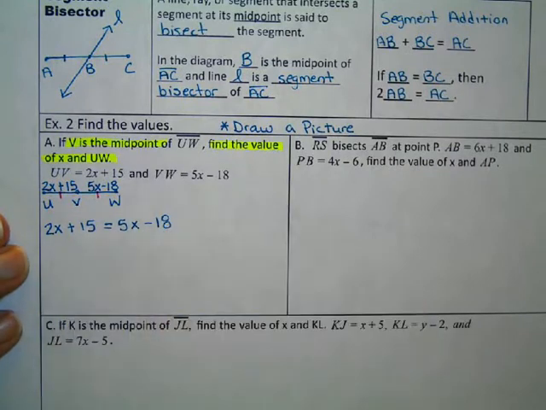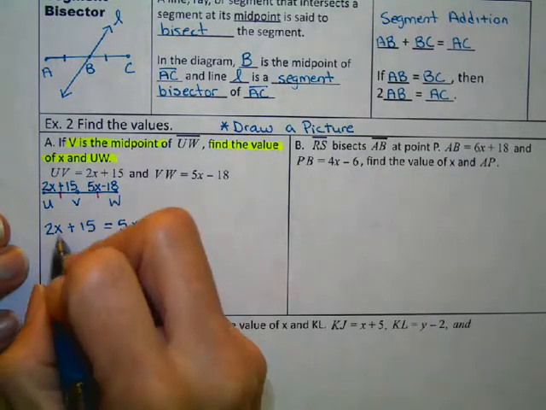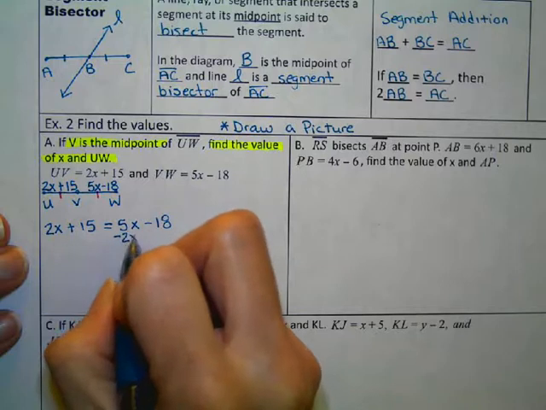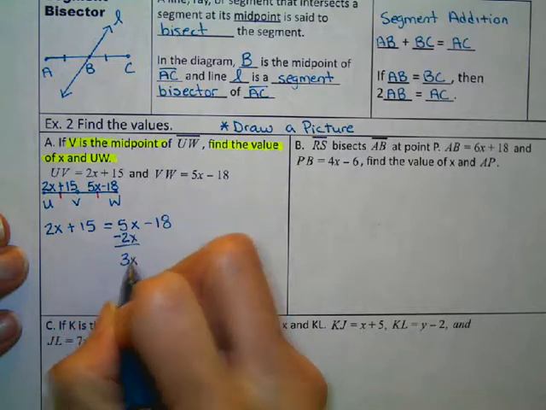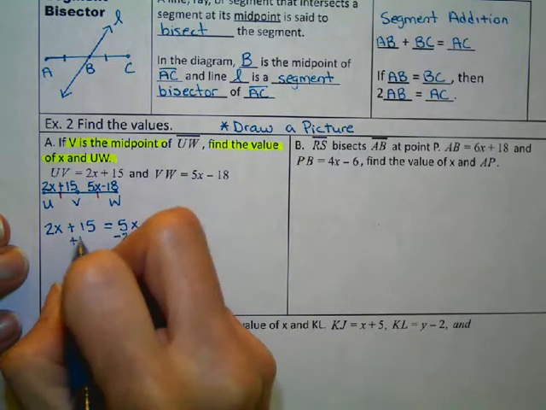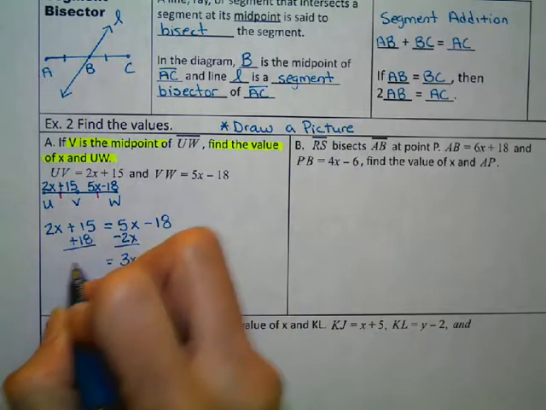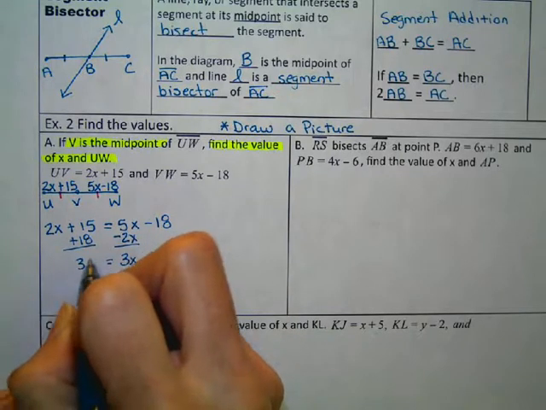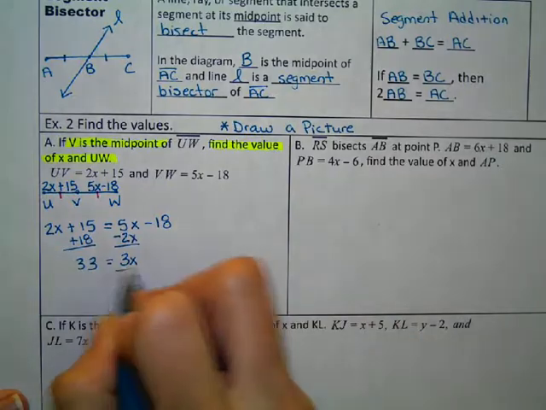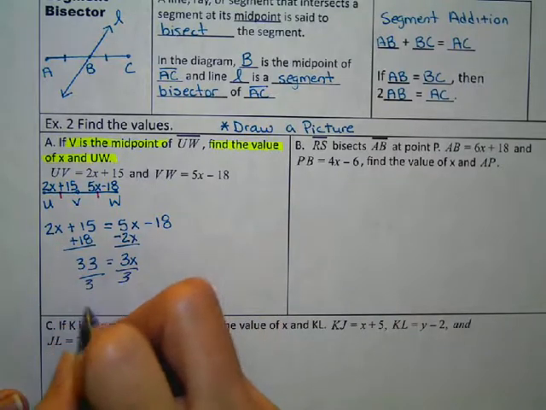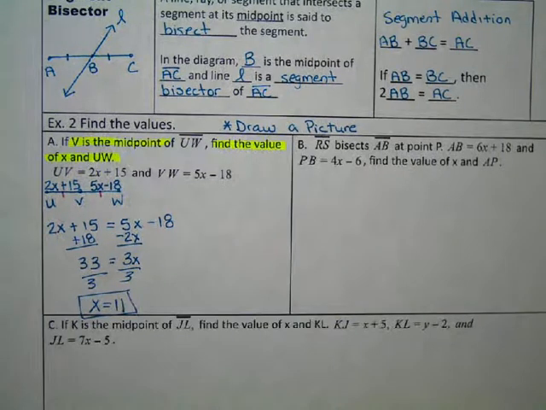Solve by getting x by itself, so I'm going to move my x's over here because I like positive x's. I'm going to add my 18 to this side. And now I'll divide. x equals 11.